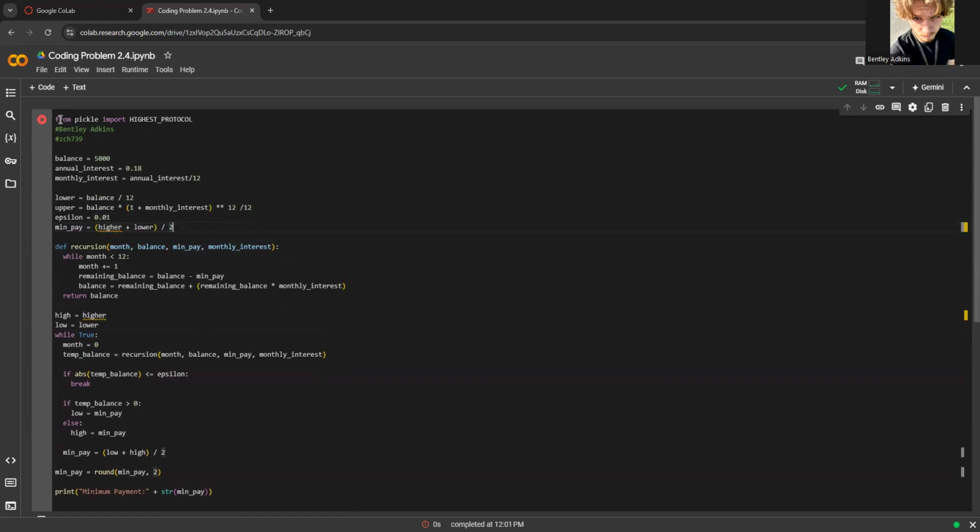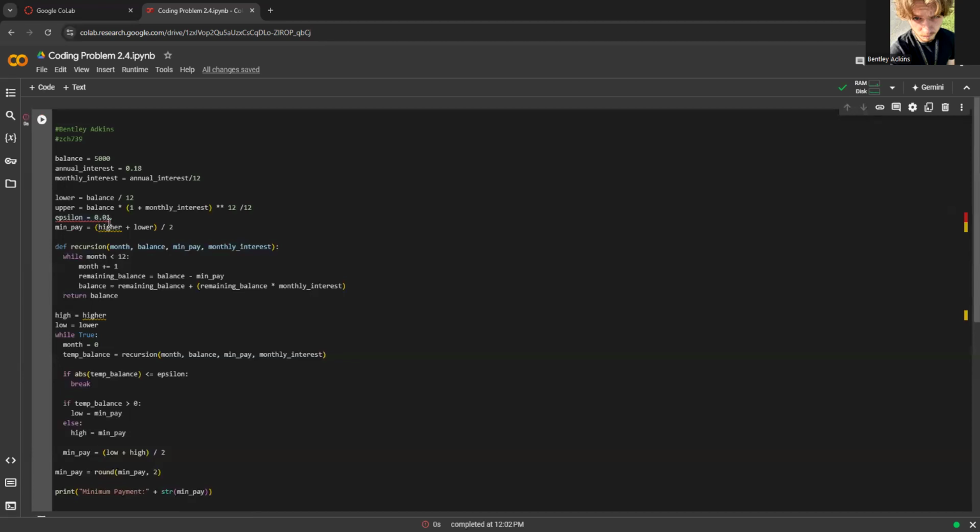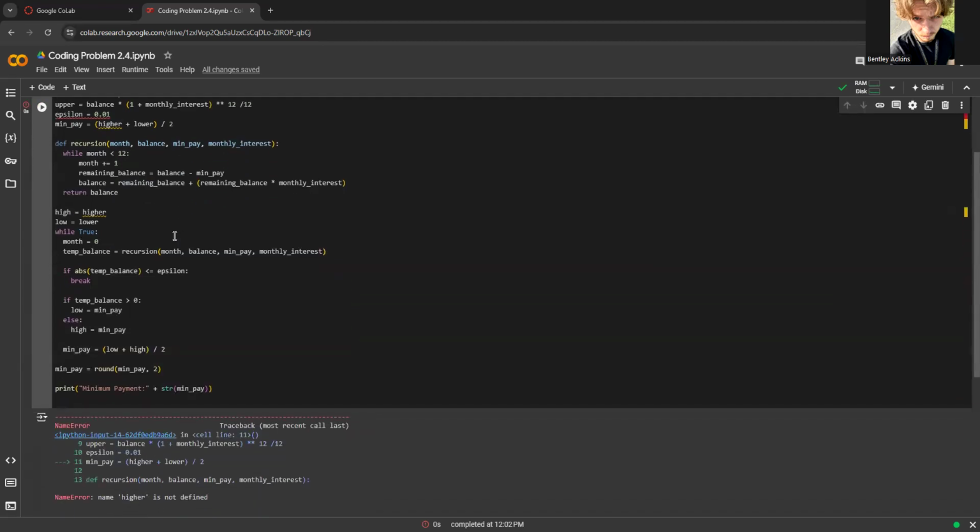I have higher defined there. Oh, why did I end that library? I need that. Epsilon is 0.01. Minimum payment is higher plus lower divided by 2. Hmm.